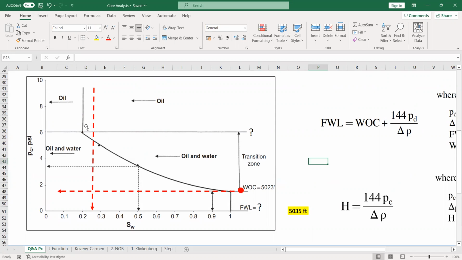Starting from this depth, down to the water oil contact. If you look at this vertical axis, from this location down to this location, the value that we have is the capillary pressure.